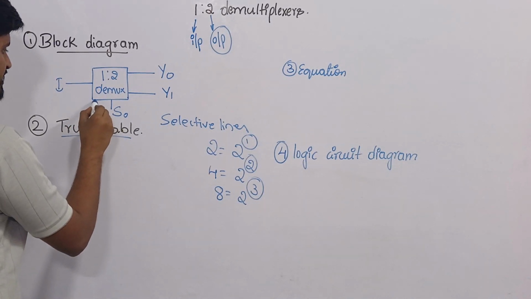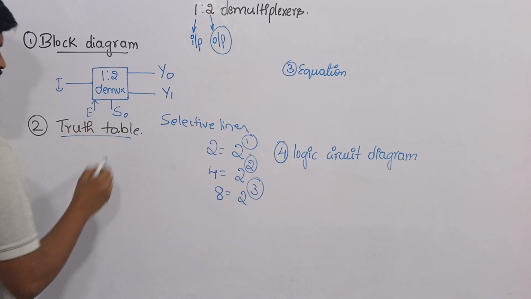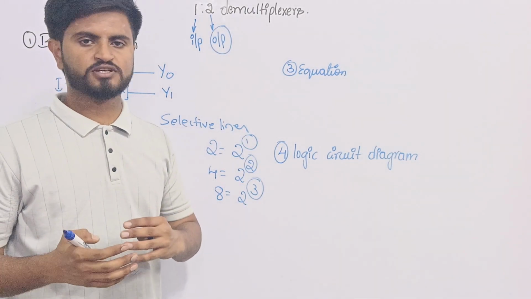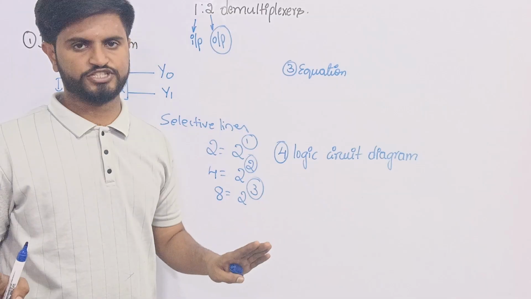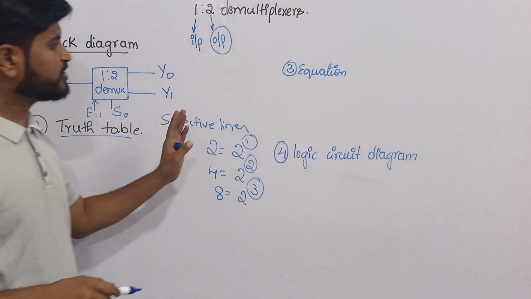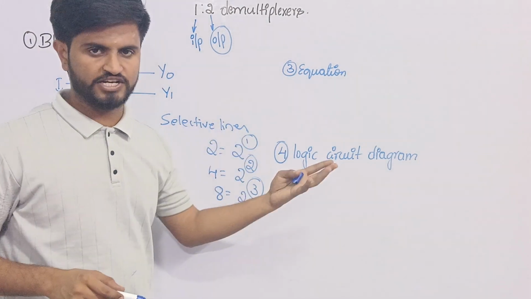And with this, in the demultiplexer, there is a concept called enable. Without this enable, you can't start the process, or the circuit will be in the off state. The enable value must be equal to 1, then only the circuit will be on and you can do the operations.